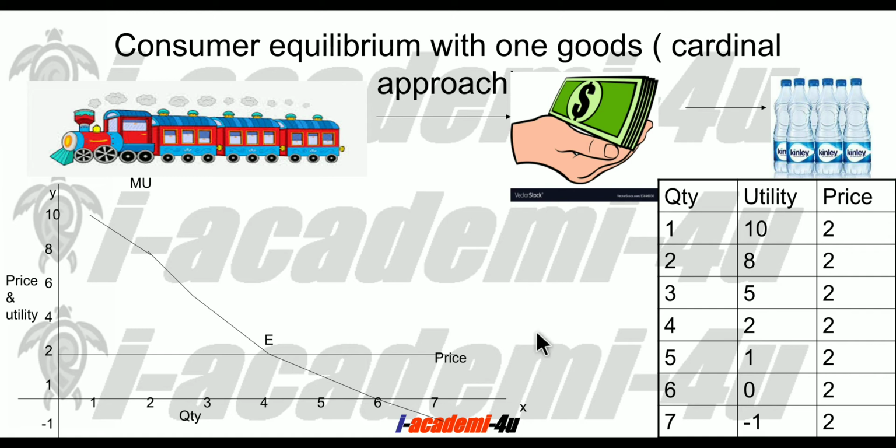So this is the point where the consumer will stop consuming, since that's the point he's making the maximum satisfaction with the given price of the commodity. He won't go further down this line because he is paying more and getting less satisfaction. Who's going to do that? Because the consumer is a rational person. He depends upon the logic.